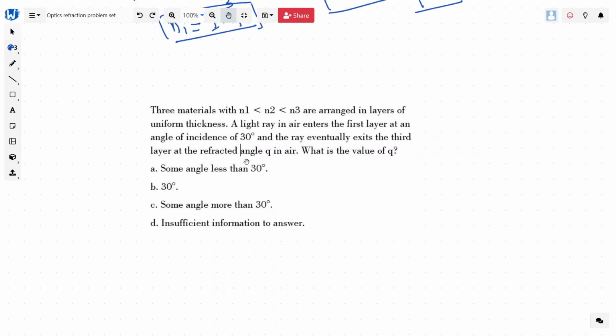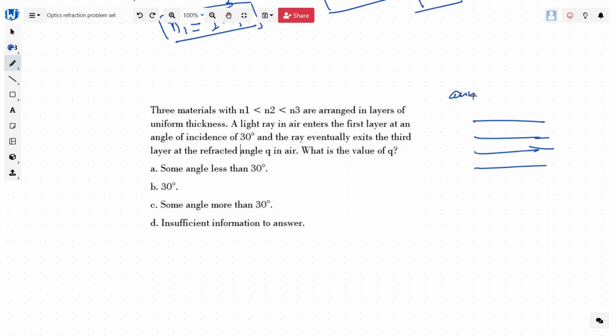Now the next question: we have three materials with refractive index n1, n2 and n3, and they are arranged in layers of uniform thickness. The ray of light in air enters the first layer at an angle of incidence 30 degrees, and the ray eventually exits the third layer at a refractive angle q in the air. What is the value of q? So let's simply draw this. We have 1, 2, 3.